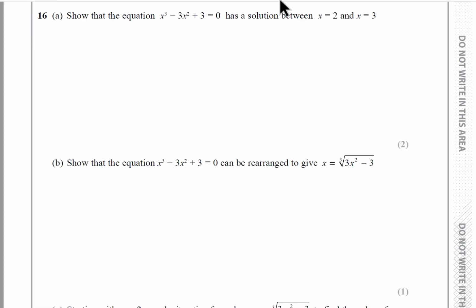So if you get a question like this, you have to show that this equation has a solution between these two values. It's a bit like triangle improvement if you remember it, but let's remember a key thing.